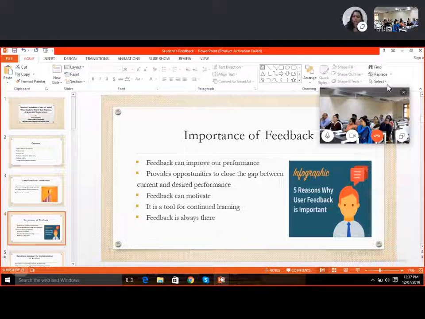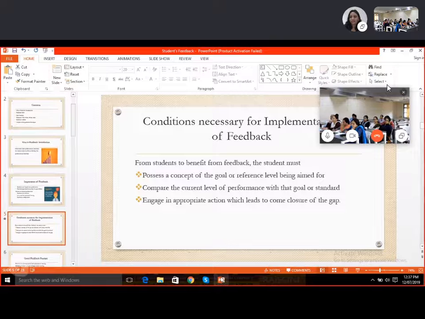It is a tool of continued learning, because as we get feedback twice in a semester, it is a continued process, and we get many inputs from the student side. And feedback is always there. Rating, review, all these are nothing but feedback, and it is necessary in every aspect.